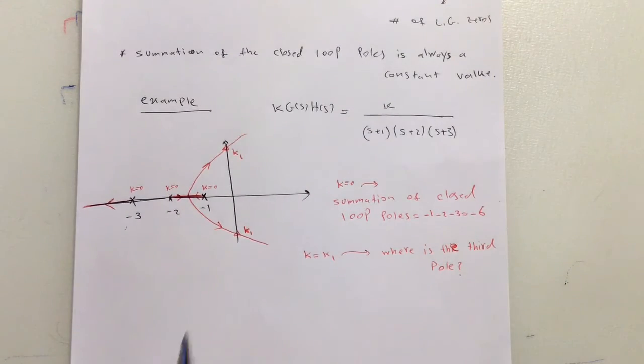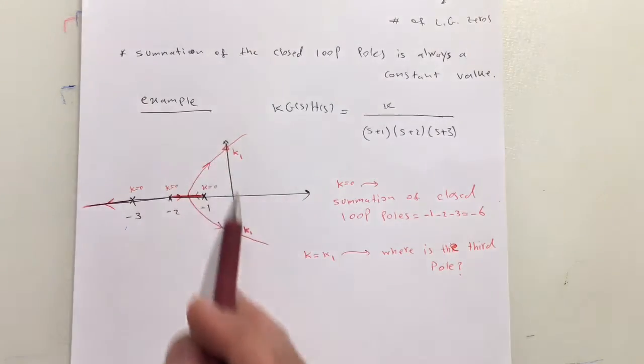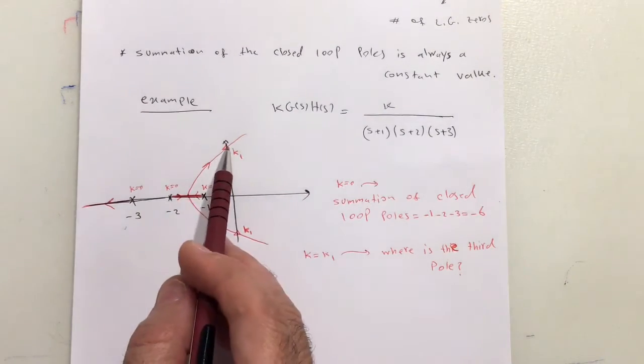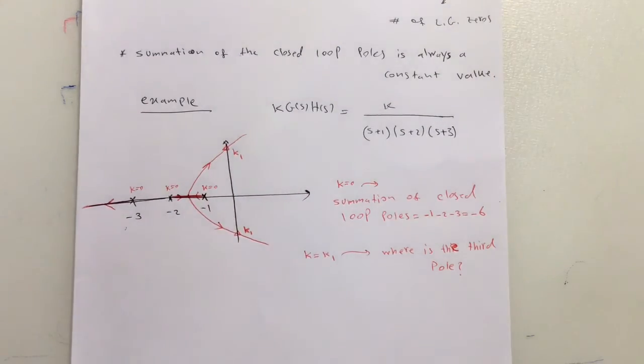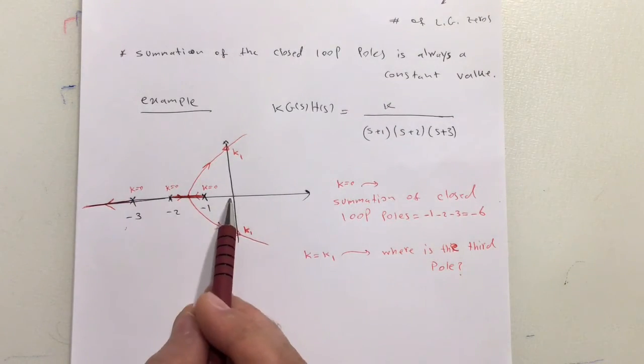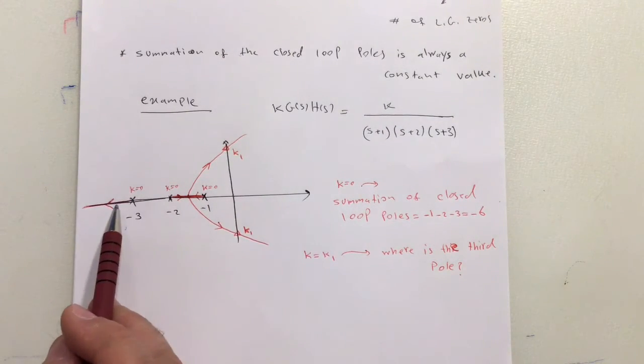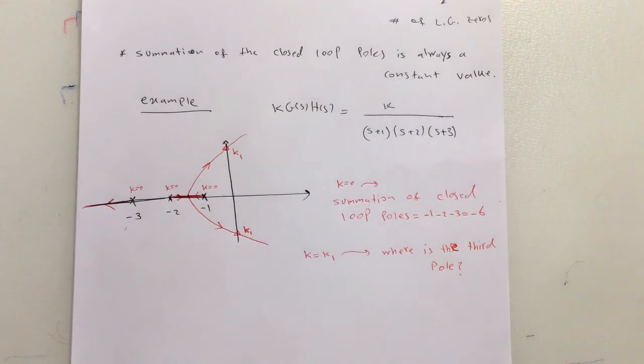We know that two of the poles are on the j omega axis. One of them here, the other one here, and they are symmetric about the origin. And the question is, where is the third pole?